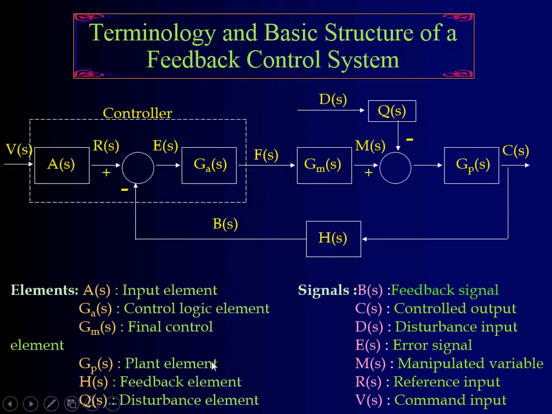Then you have all these other components we're going to go through. You have an output, obviously, from the plant. That is the control output, this CS. But at the very beginning, here, you have the input command.